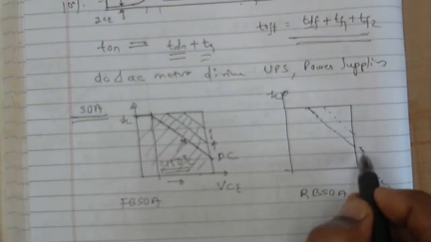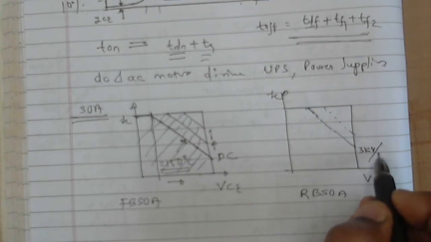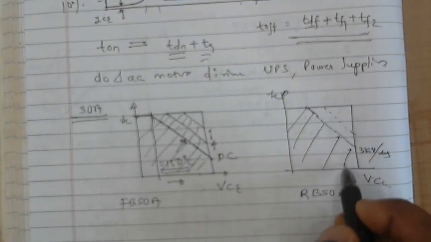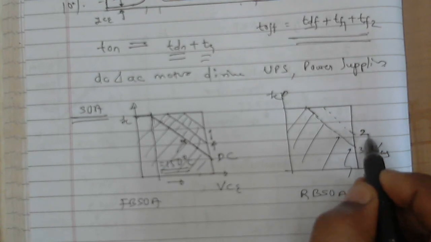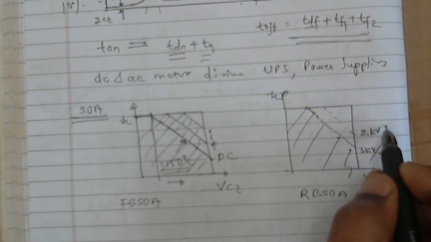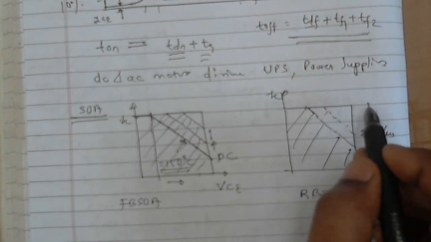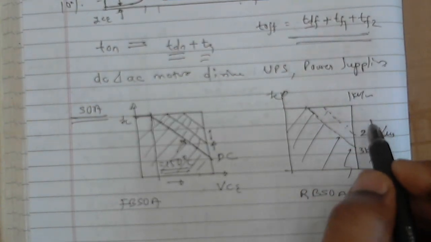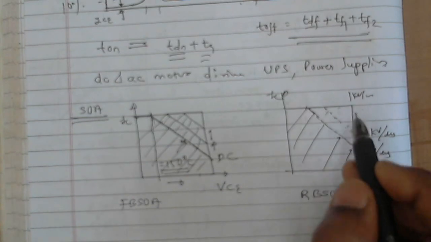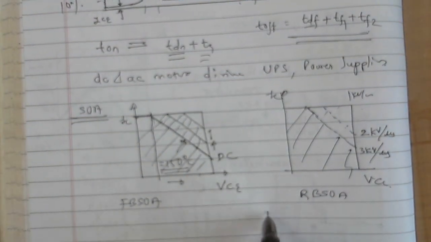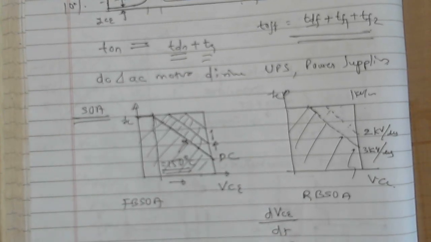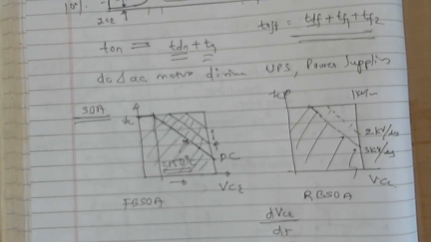If it is 3 kilovolt per microsecond, then this is the safe operating area. If it is with less rate, 2 kilovolt per microsecond, then the safe operating area will increase. If you reduce by 1 kilovolt per microsecond, then the safe operating area increases again. So it depends on dVCE upon dt, the rate of change of collector to emitter voltage.